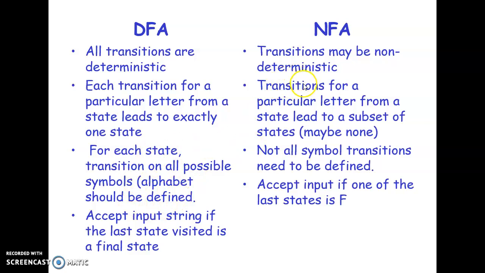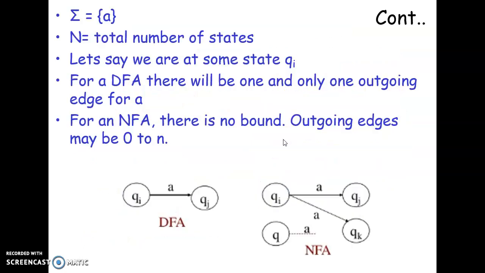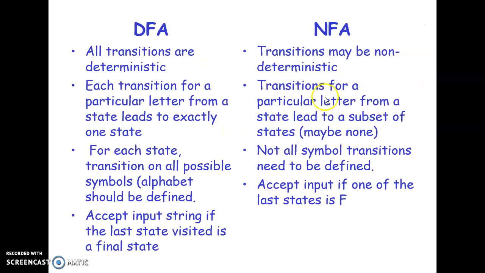As compared to that, in an NFA, a transition for a particular letter from a state leads to a subset of states. There is no bound. For example, the outgoing edges for A can be as many as your states. Maximum can be the total number of states, minimum can be none.